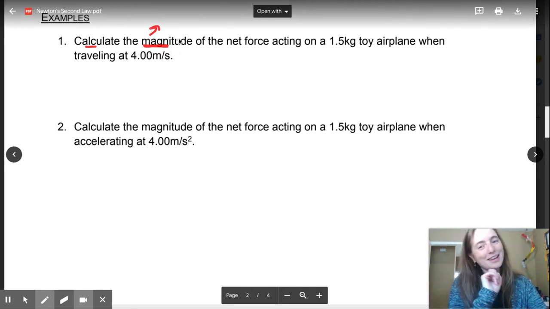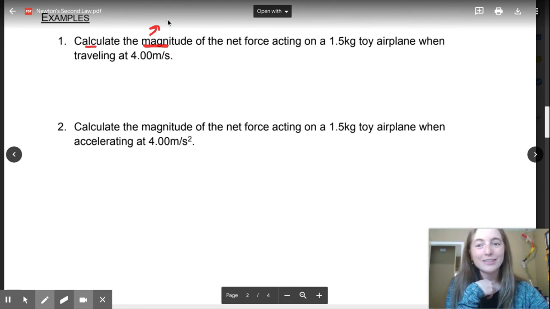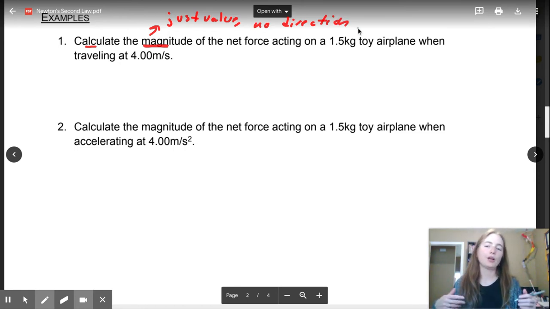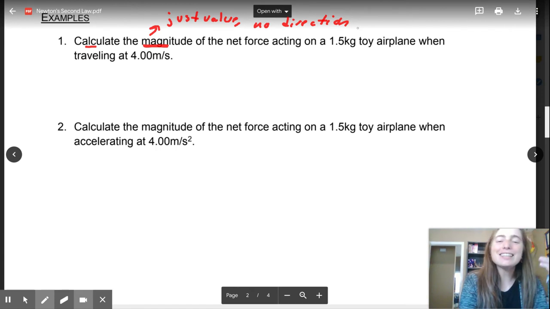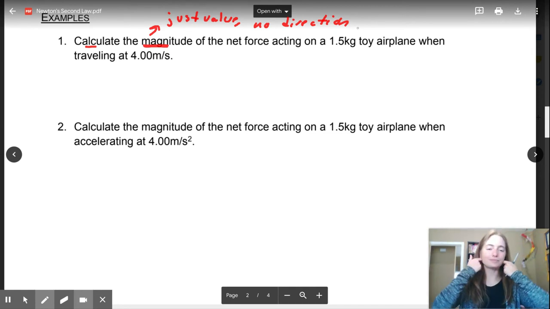Anytime I say magnitude of a vector, that means I don't want the direction in that question. I just need the value. Often when I say calculate the magnitude of the force or something like that, it means that I have not given you enough information to calculate the actual direction. Sounds good?